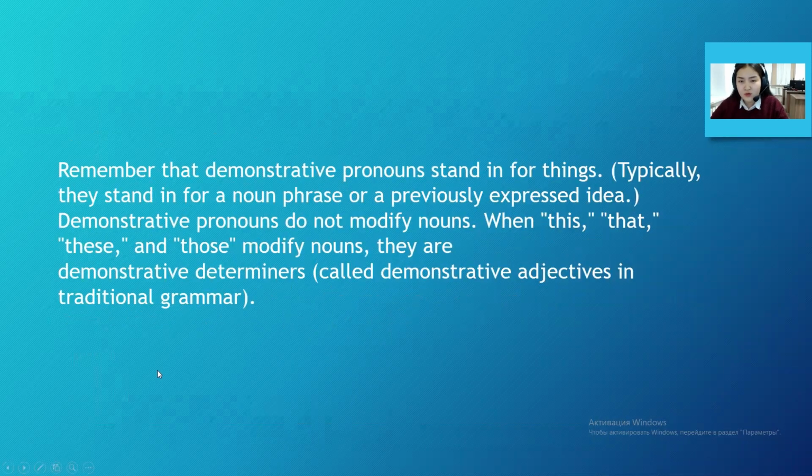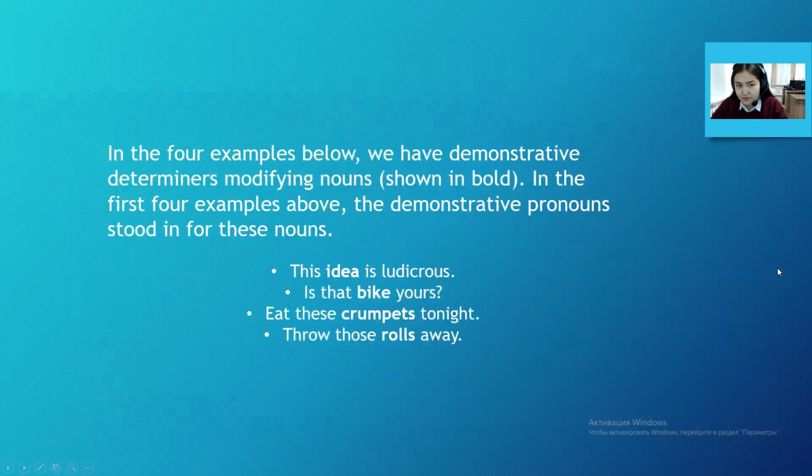Remember that demonstrative pronouns stand in for things. Typically, they stand in for a noun phrase or a previously expressed idea. Demonstrative pronouns do not modify nouns. When this, that, these, and those modify nouns, they are demonstrative determiners, called demonstrative adjectives in traditional grammar.